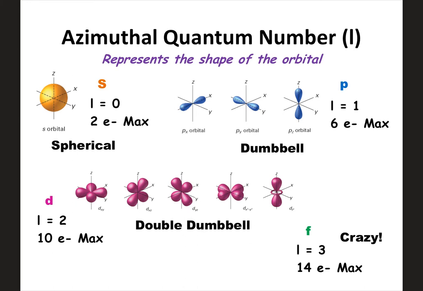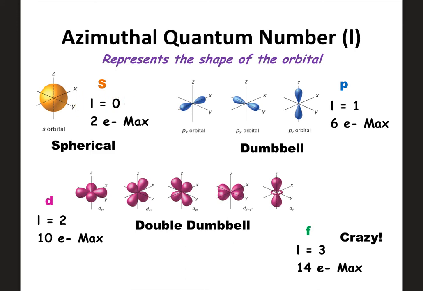So we'll start with the S sublevel here. The S sublevel has an L value equal to 0. Remember, the azimuthal quantum number does have a number associated with it. Even though we're going to be talking about it most of the time with the letter S, technically this is a number. So the azimuthal quantum number of an S is 0.